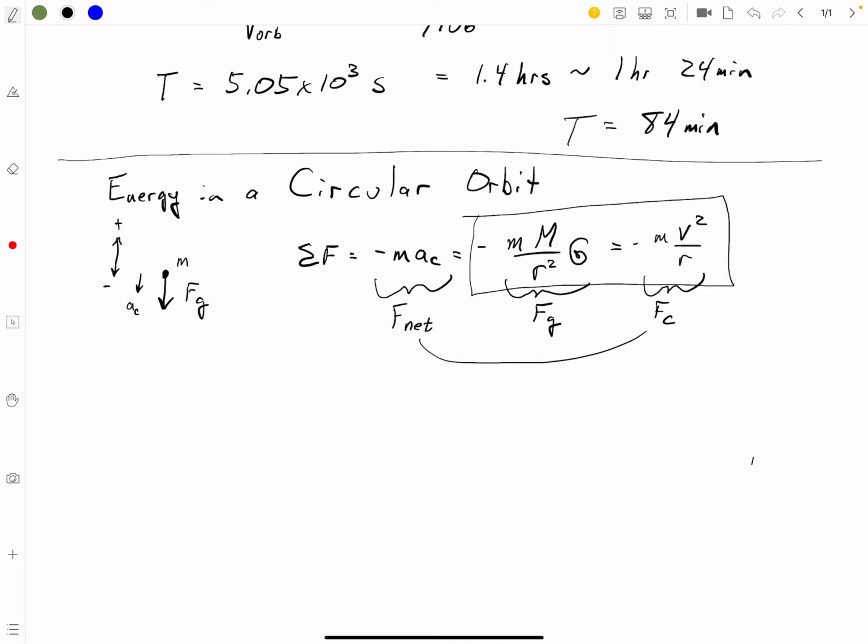Let's do this instead. We're going to solve mv squared equals mMg. And now I am canceling one of the r's because I'm putting the r on this side on top, in the numerator on the other side, canceling out one of our r's.